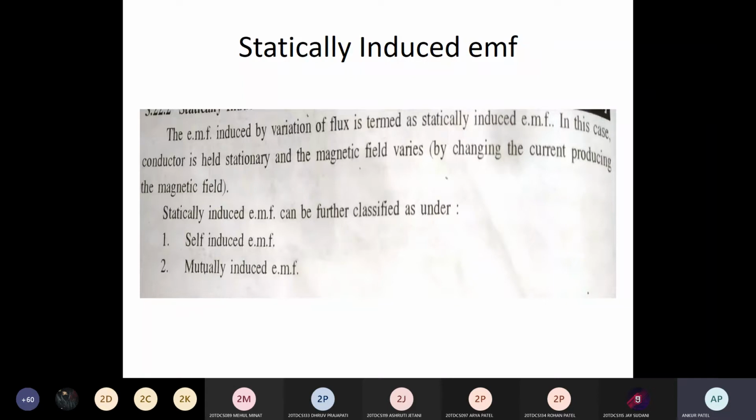In self-induced EMF, a coil linked with its own turns is called self-induced EMF. In mutually induced EMF, one coil is linked with the other coil.